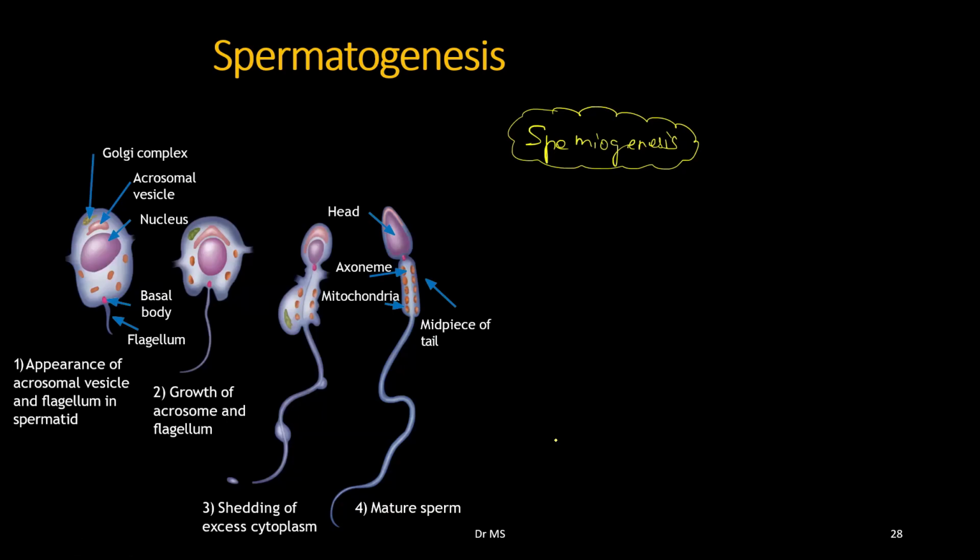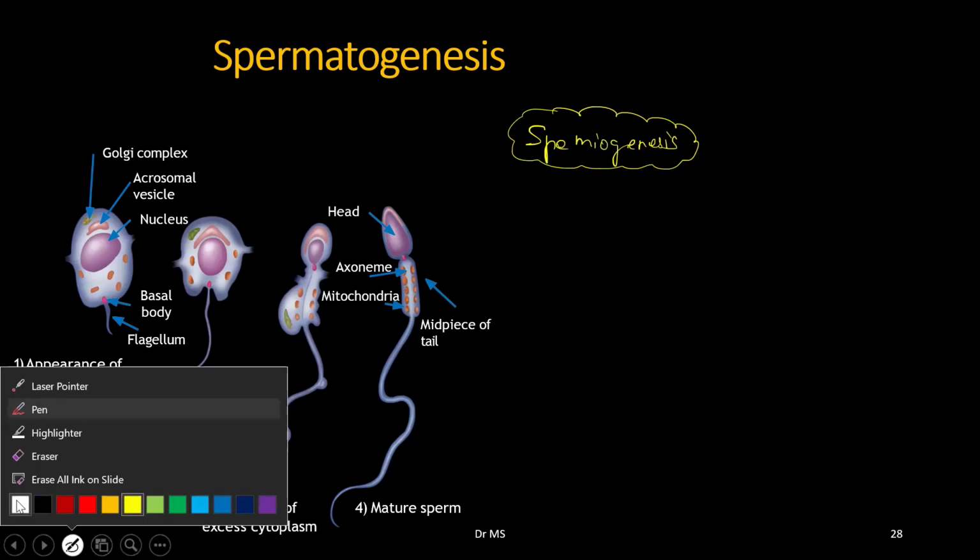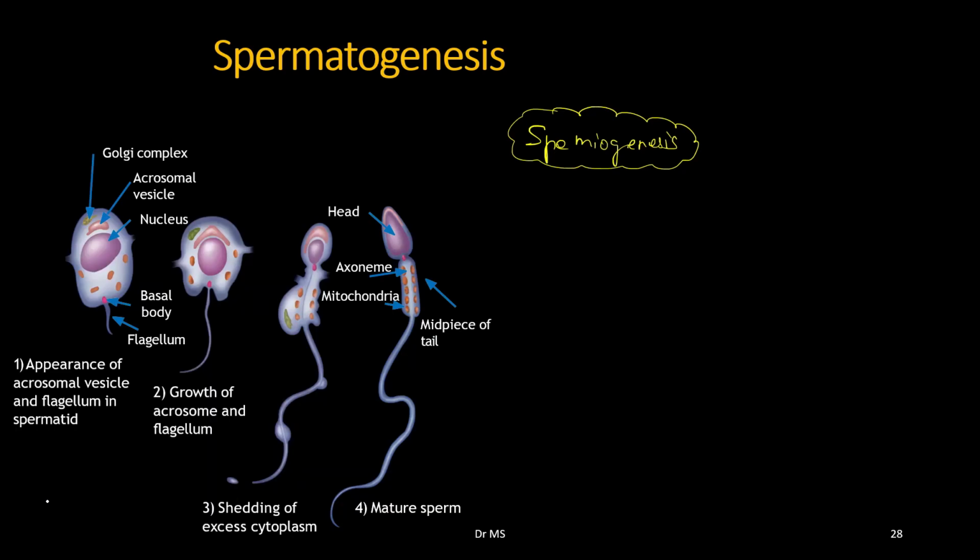Once the mature sperms are formed after spermiogenesis, these sperm heads become embedded in the Sertoli cells.